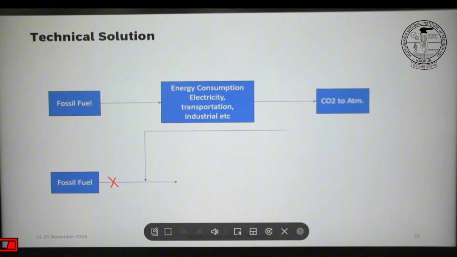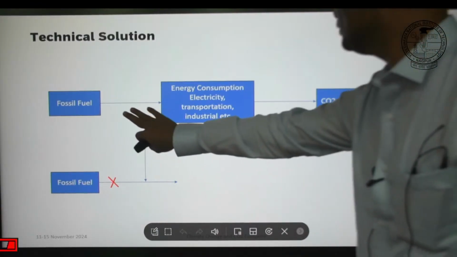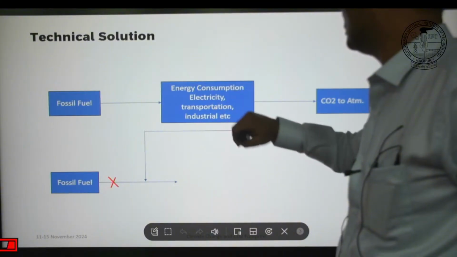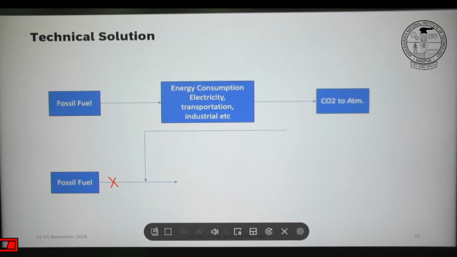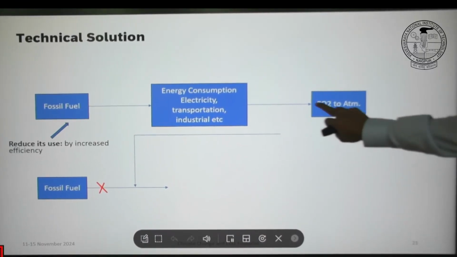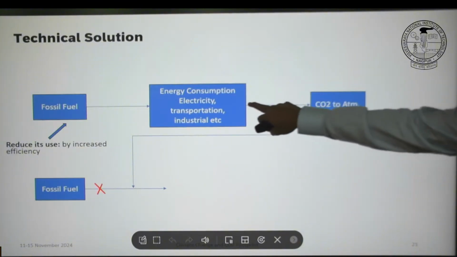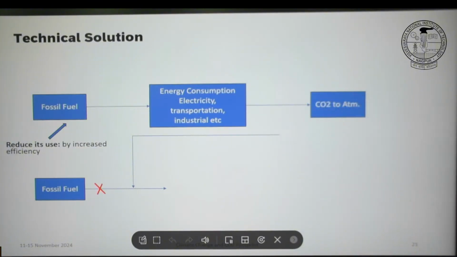So typically that's how you do it. You burn your fossil fuels. You use this energy for electricity production, consumption, transportation, or industrial use, and then you release the CO2 to the atmosphere. So how can we reduce the CO2 coming out of this box going to the atmosphere? The first way is to reduce its use.